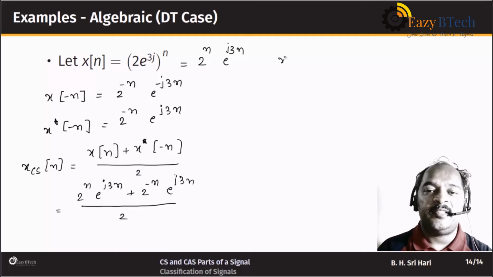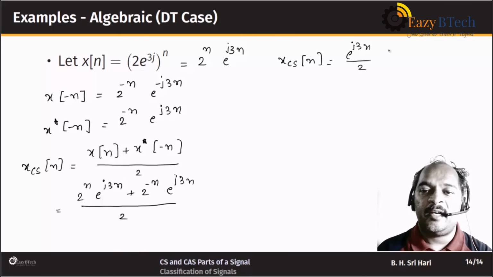From this we see that xcs of n is nothing but e power j3n common, divided by 2, times 2 power n plus 2 power minus n.